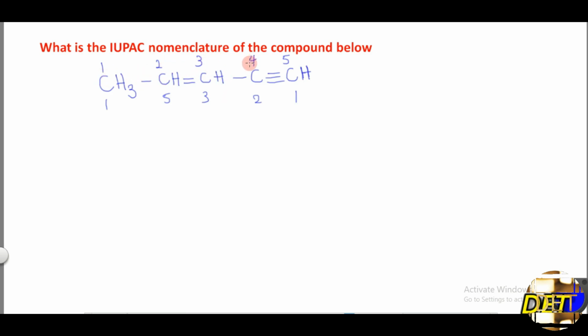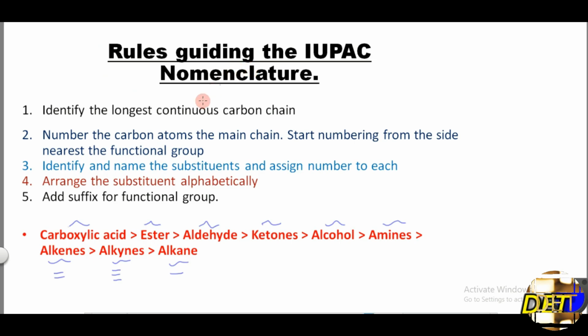You know why? I'll tell you why. If we go back to the rules guiding IUPAC nomenclature, here I told you the order of priority of the functional groups, right? Carboxylic acid, esters, aldehyde, ketones, alcohol, amines, alkenes, alkynes.